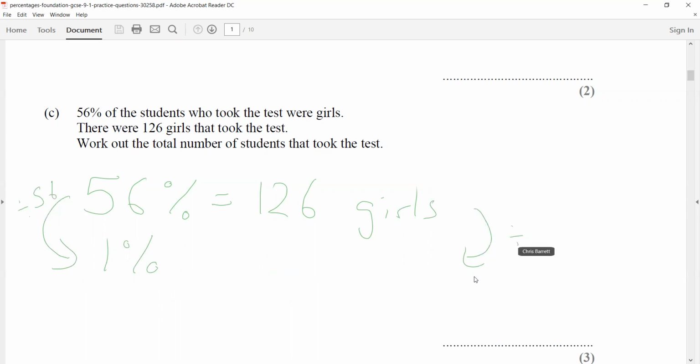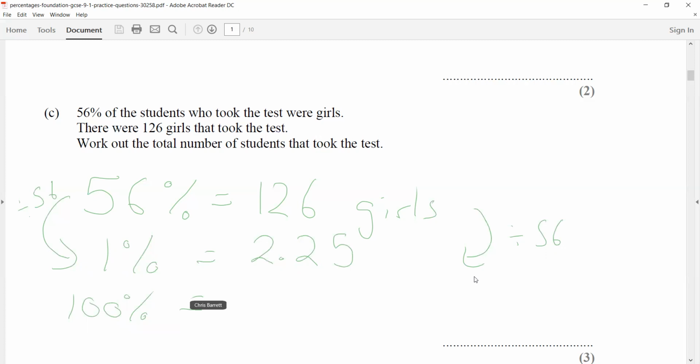I'm then going to do the same over here. So 126 divided by 56 equals 9/4, or 2.25.